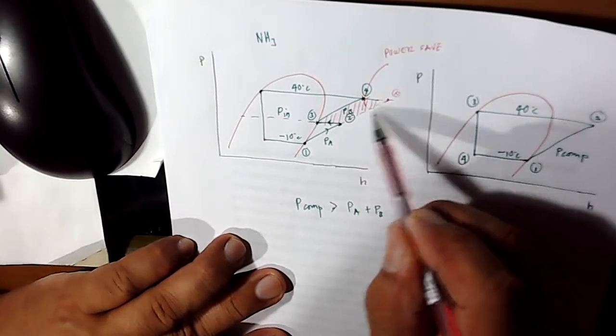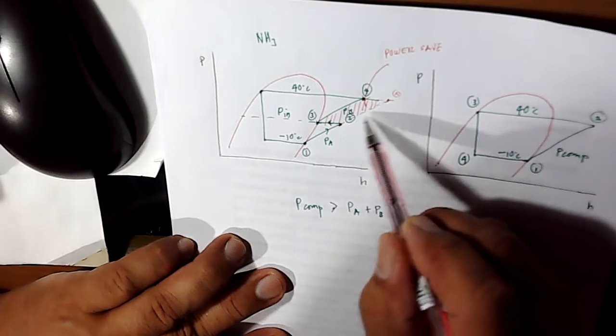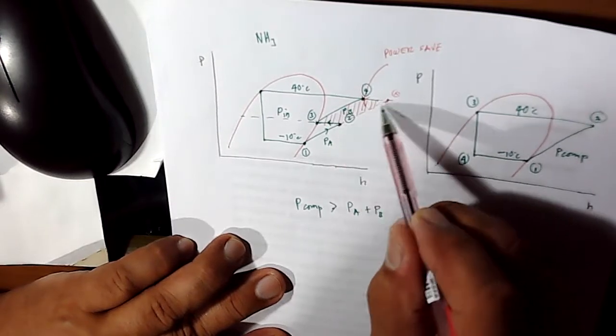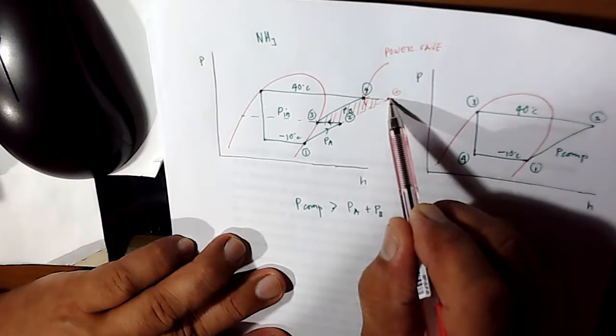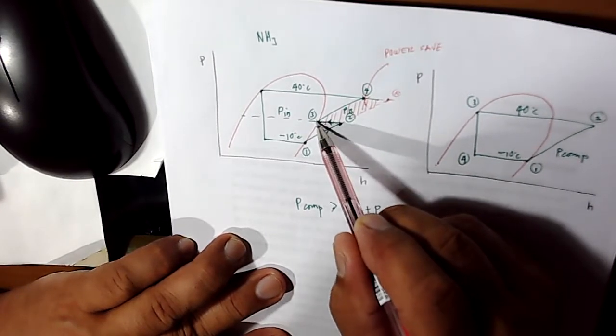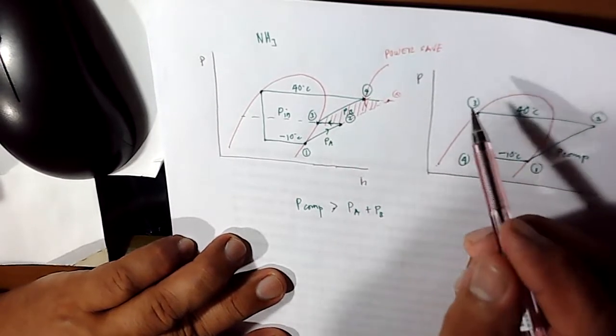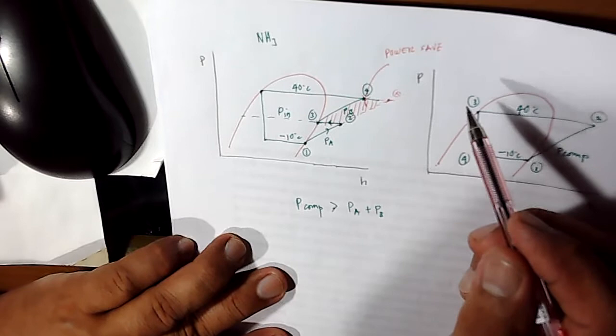Thereby, the area which is supposed to go straight to point X is reduced to from 3 to 4. So this shaded area is what we call the power save.